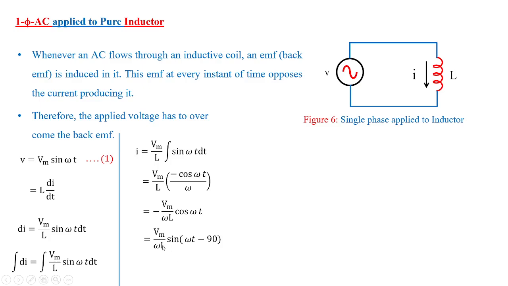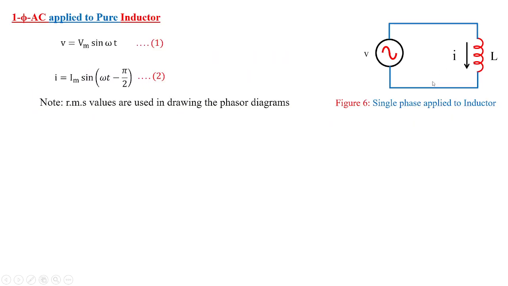Now that can be changed to Vm by omega L sin(omega t minus 90 degrees), since sine of that is nothing but minus cos. Or I can replace Vm by omega L as Im, and this can be written as sin(omega t minus pi by 2) in radians. So equations 1 and 2 indicate the voltage and current relations of a pure inductor.